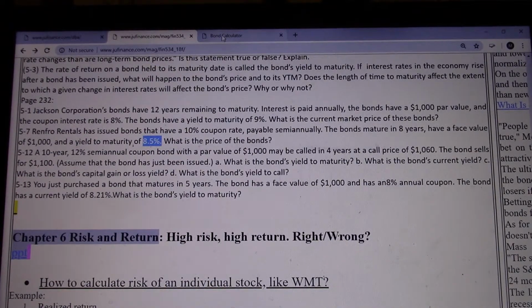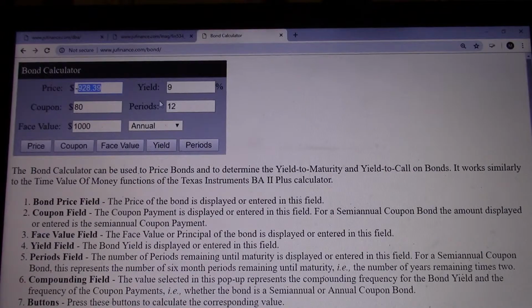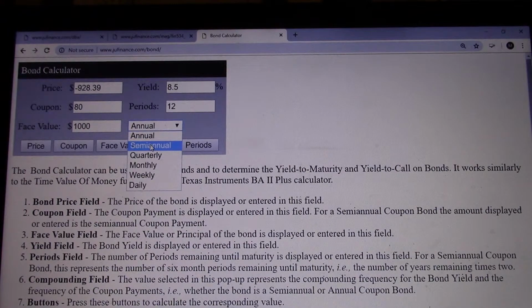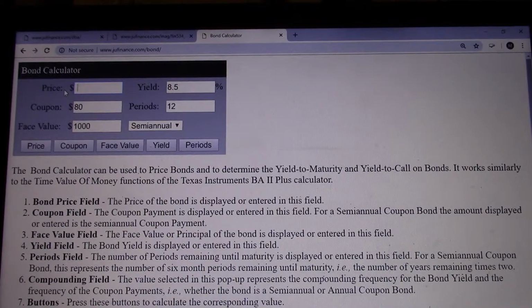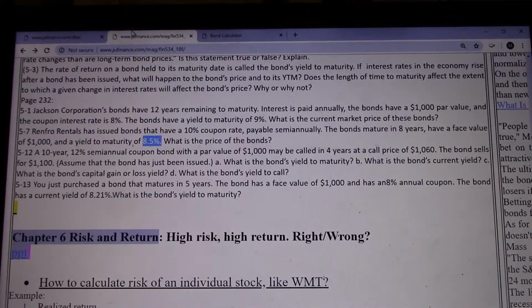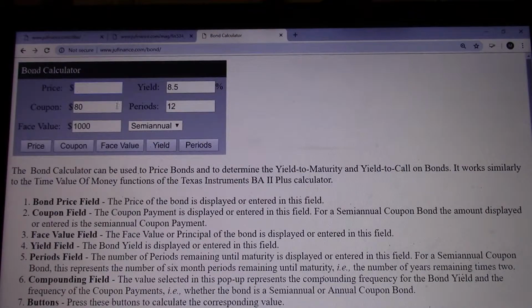So if we use this calculator, for yield you should put annual here, 8.5%. But we should change this to semi-annual. The question mark is still price. And 8 years, so we should put 16 here.